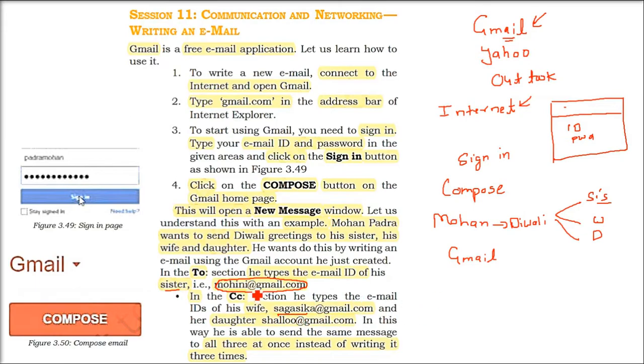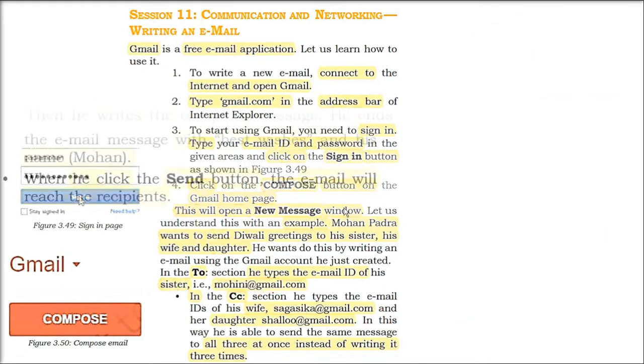So we will take some random email accounts which we have made already. So here the 3 people will be receiving it. The beauty of emailing is you can send the same email to multiple people at the same time, right?